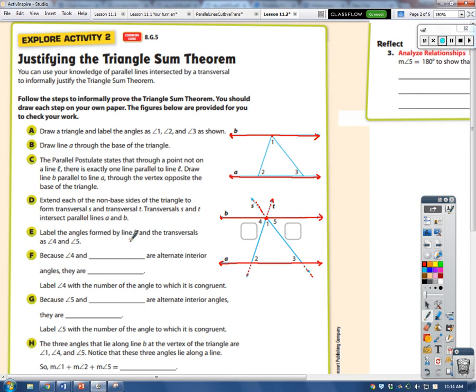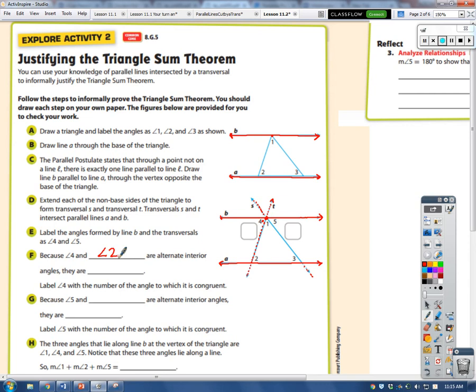Now label the angles formed by line B and the transversal as angle 4 and angle 5. So here we go, angle 4 and angle 5. Because angle 4 and blank are alternate interior angles, they are blank. Angle 4, which is right here, and this is our transversal, an alternate interior, so inside our parallel lines, opposite side of the transversal, would be angle 2.